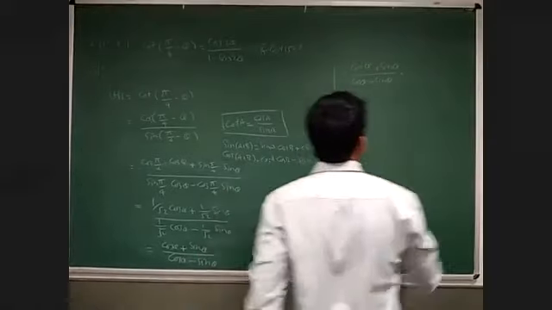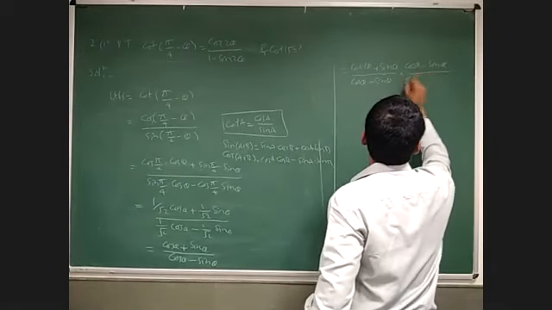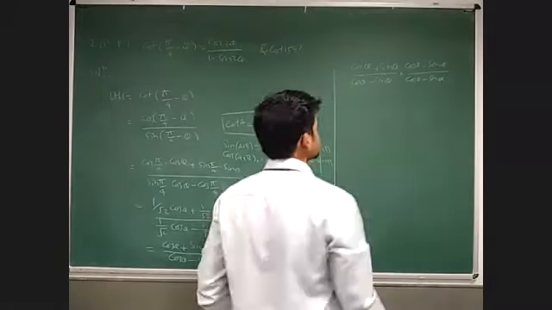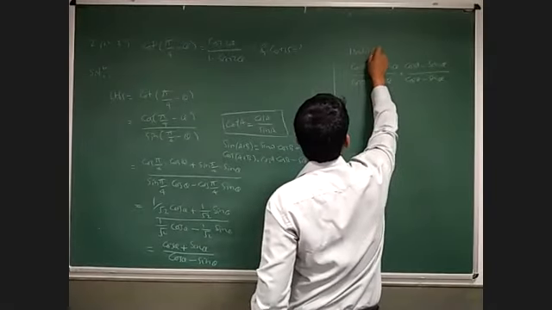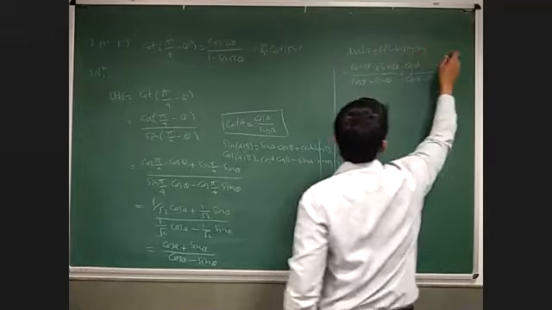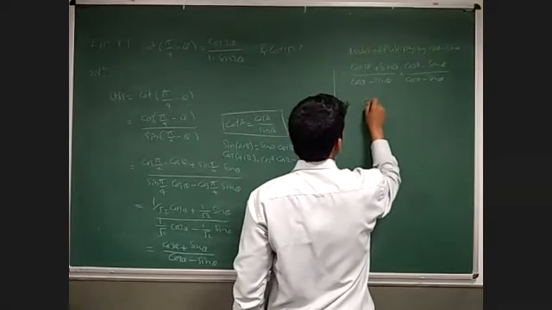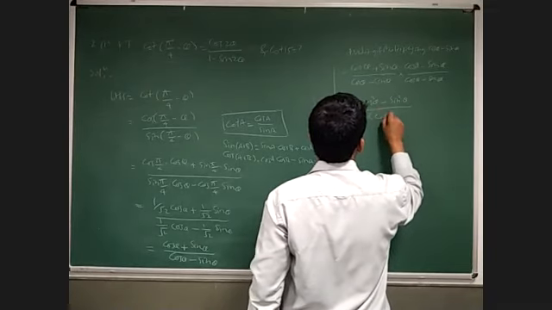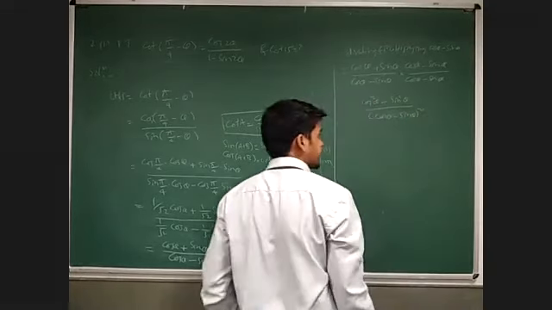Then the numerator becomes cos square theta minus sin square theta, and the denominator becomes (cos theta minus sin theta) whole square.